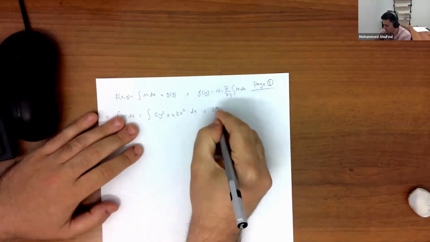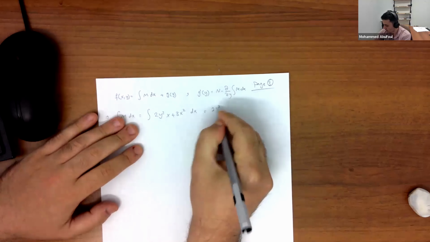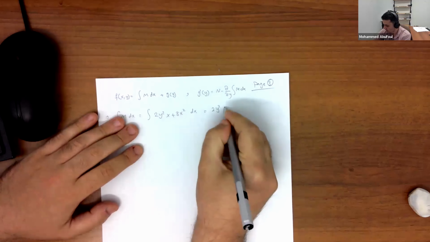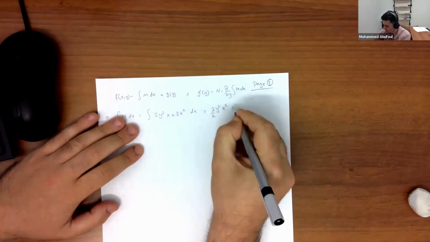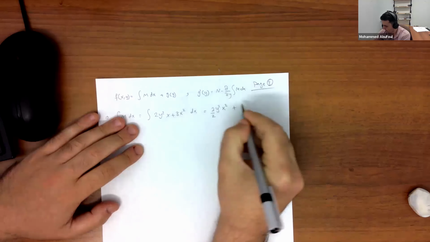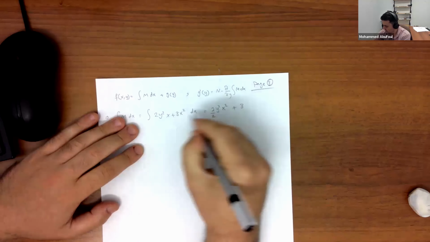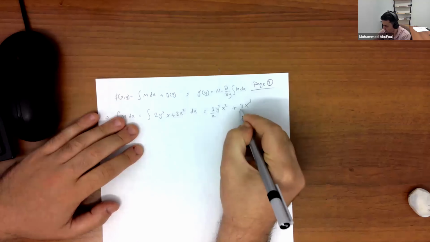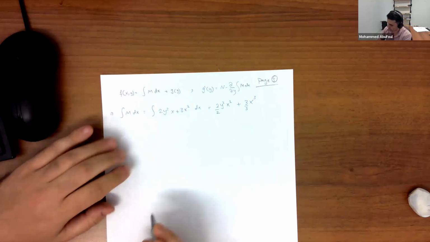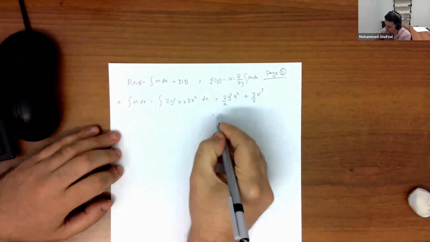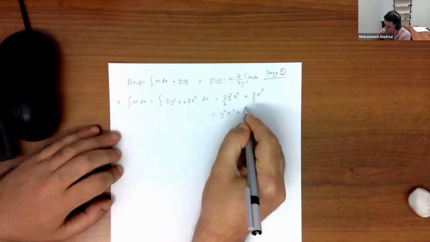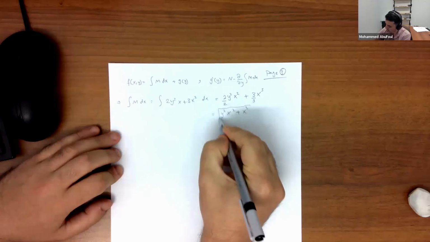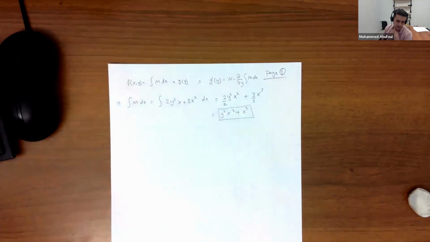So 2y squared is a constant, x squared over 2, plus 3 the constant, x cubed over 3. So it's y squared x squared plus x cubed. This is the first term that we need.